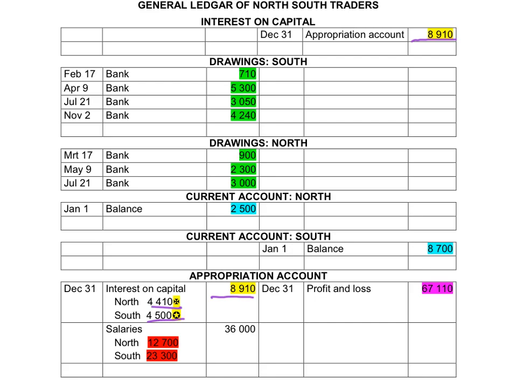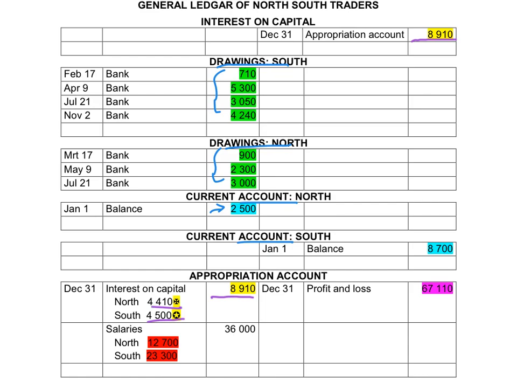The balances and the amounts in the drawings account and in the current account will be transferred to the account where we will complete all the entries. So we will complete these figures on the drawings account on the debit side, and we will show in the current account of North a debit balance of 2,500.